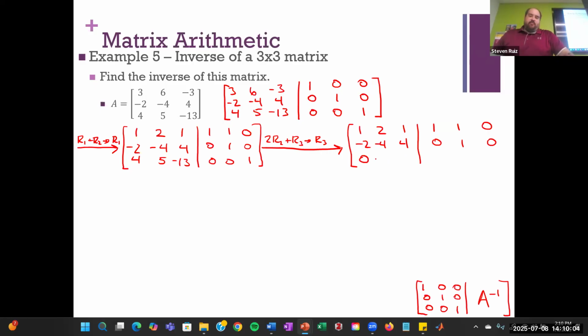And then negative 3. 2 times 4 is 8. Minus 13 is negative 5. That should still be a 0. That should be a 2. That should be a 1. Okay, I got 2 1 0. I'm going to stop there, but please double check me.